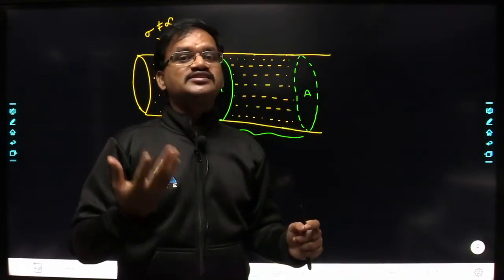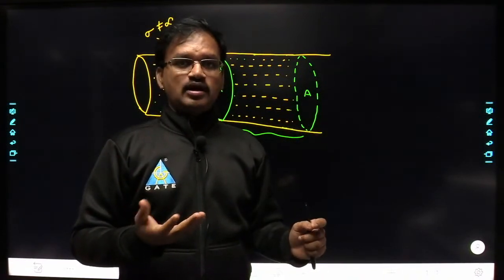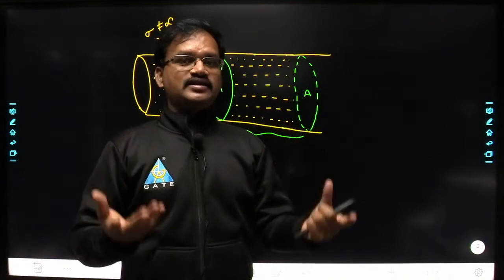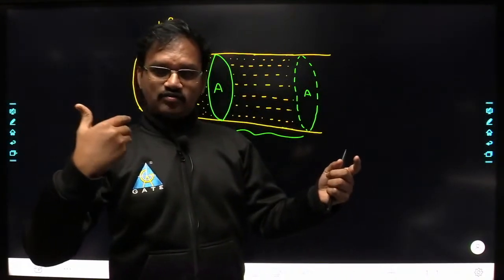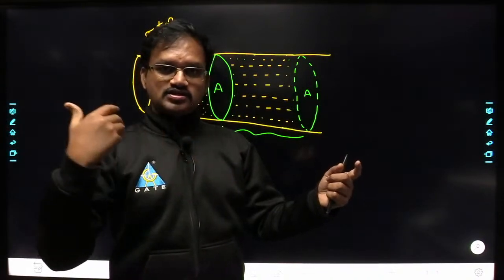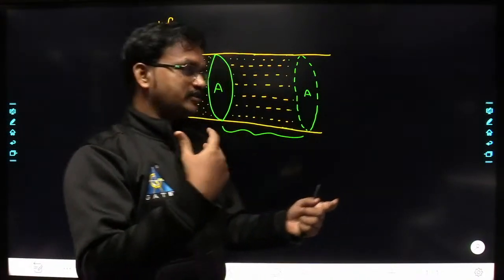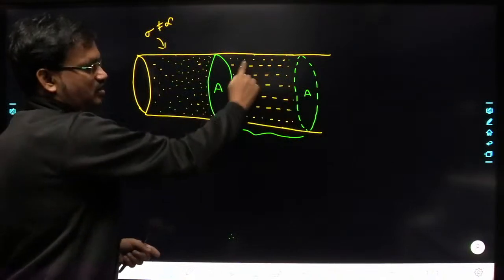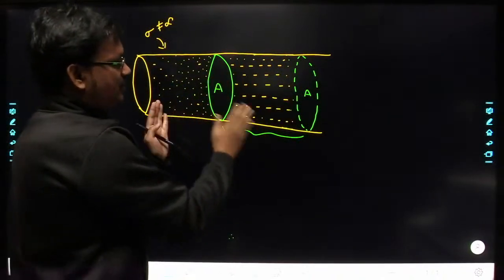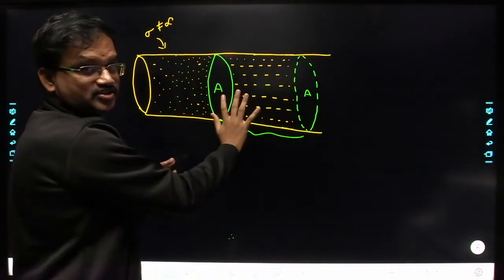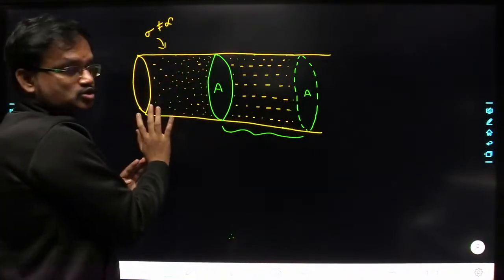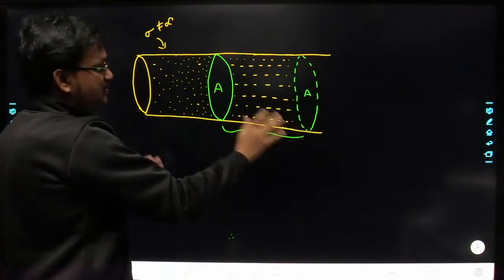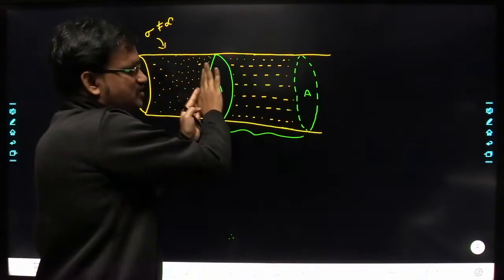That means I am freezing the time, right? So at that instant of time, whatever the charge carriers that have crossed this cross section, are they present in this region or not? Yes or no? Previously there are no charge carriers in this region. All the charge carriers I have assumed are present in the other region. Once I have applied the potential difference, all the charge carriers start crossing this cross section.